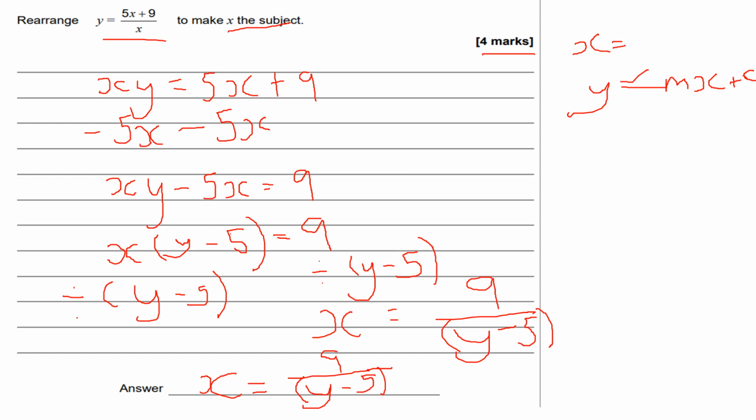You would subtract c and then divide by m to work out what x is. But this one here is higher tier only, whereas the other rearranging formulae are crossover topics. The first question, the nth term, is again a crossover topic for higher and foundation. So hopefully that makes sense.